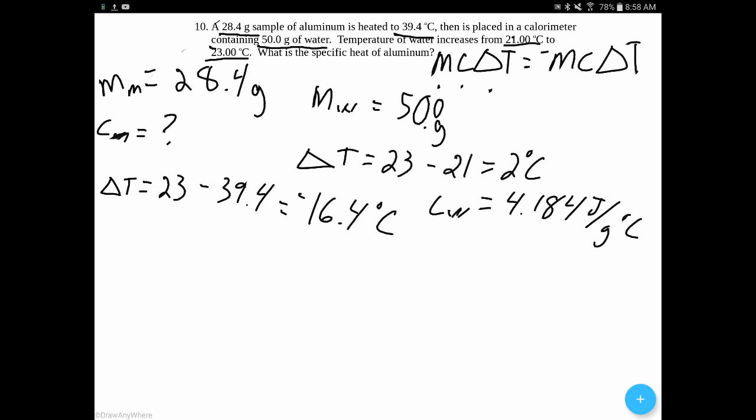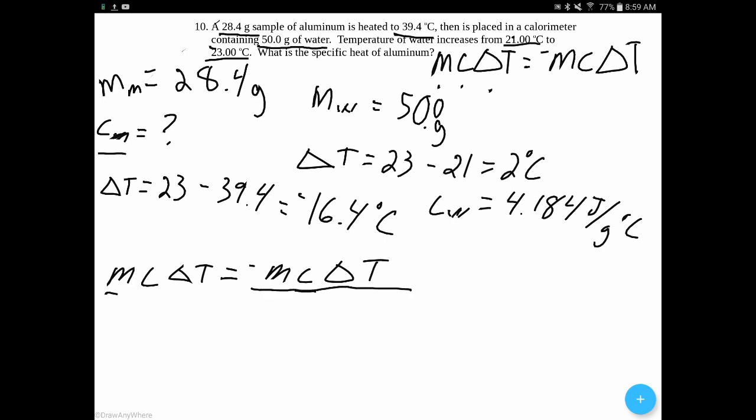All right, so now we have to rearrange our equation. Like I said, we are looking for C of metal. So we write our equation, MCΔT equals negative MCΔT, and we're going to try to find C. So we've got to get all of the other stuff on the other side.